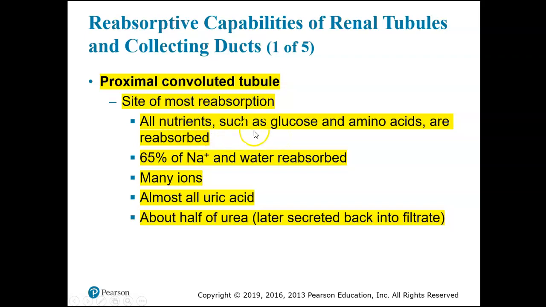We don't want to lose those nutrients because our cells need them. So all of the nutrients like glucose and amino acids are reabsorbed back into the blood. 65% of sodium ions and water are reabsorbed back into the blood. Many ions are reabsorbed, almost all the uric acid and half of the urea.